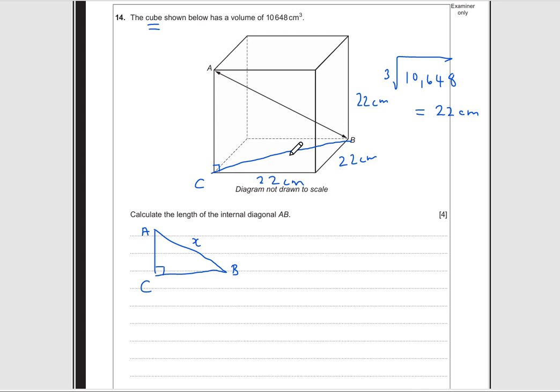In order to work out CB, we have another right angled triangle here where we've got the lengths 22 and 22. So if we want to work out BC, it's going to be 22 squared plus 22 squared. So Pythagoras.